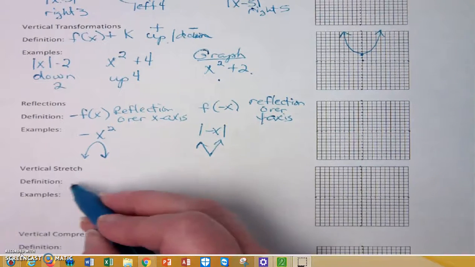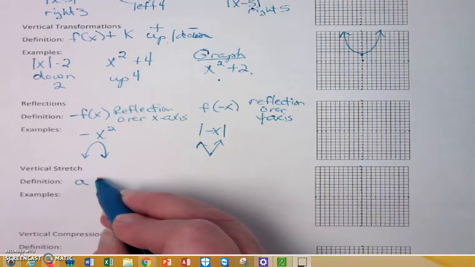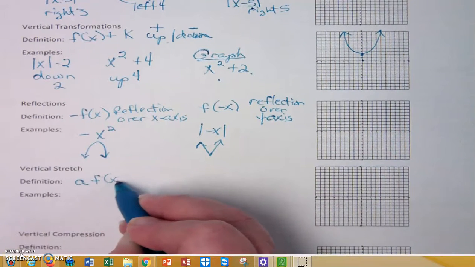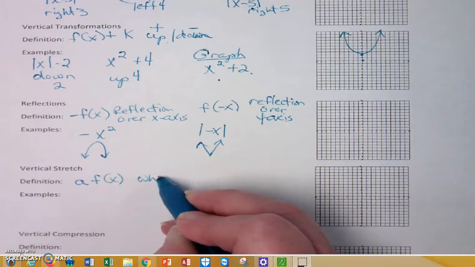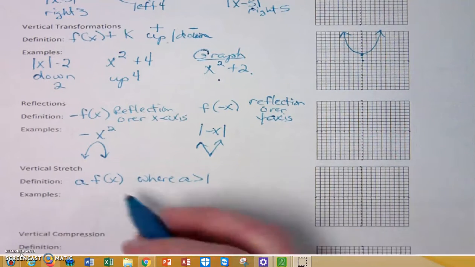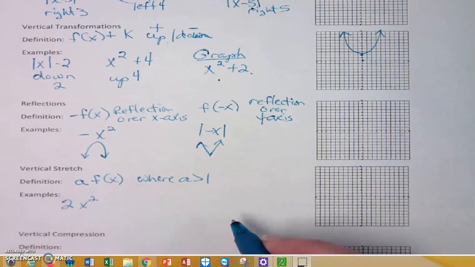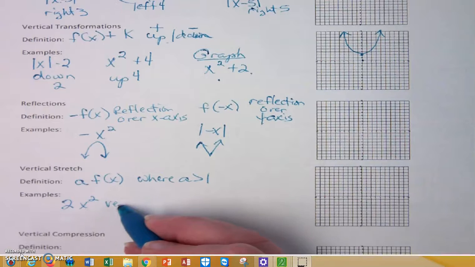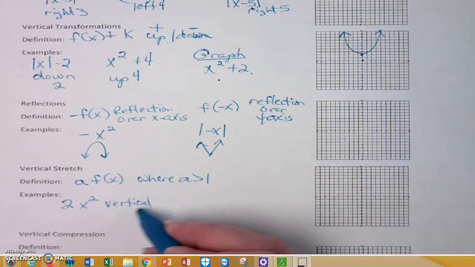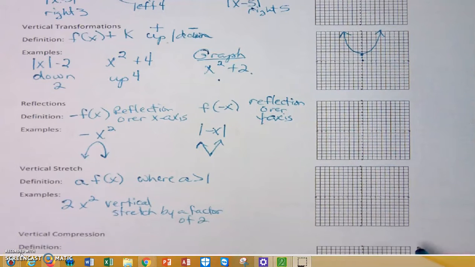So vertical stretch. Vertical stretch is your A. It's the A outside that's multiplied by f of x, where A is greater than 1. So if you have 2x squared, you're going to have a vertical stretch by a factor of 2.